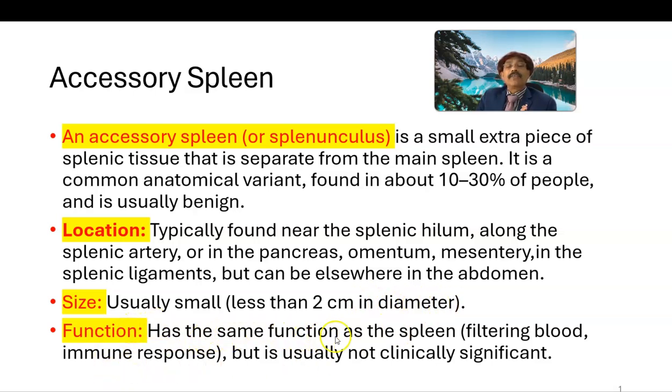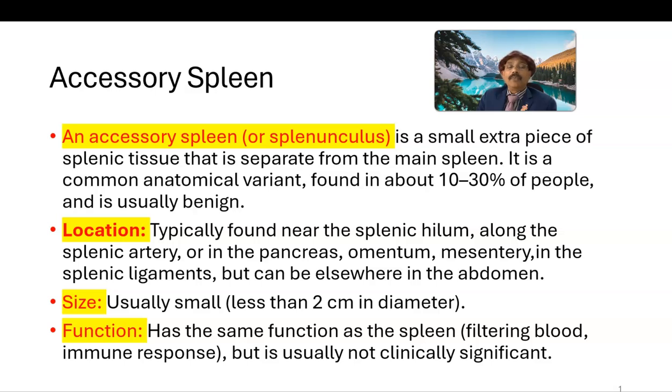Function: it has the same function as the spleen, like filtering blood, immune responses, and also recycling the RBC. RBC breakdown happens there, and the spleen is the graveyard for the RBC. It is also a site of B lymphocytes, so immune function is also important.